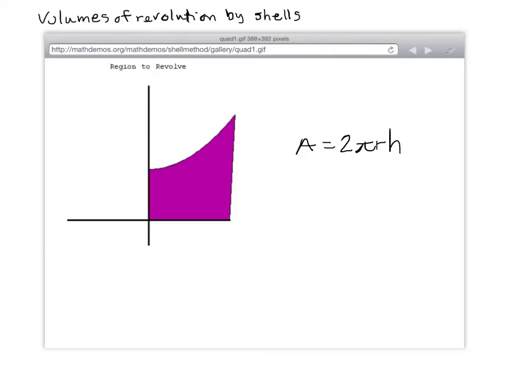Okay, so there's the image of what we're going to be doing, and let's look at some examples. Actually, the first thing I want to do is give some guidelines as to how I do this. First of all, remember that the area of a cylindrical shell is 2 pi radius times height.